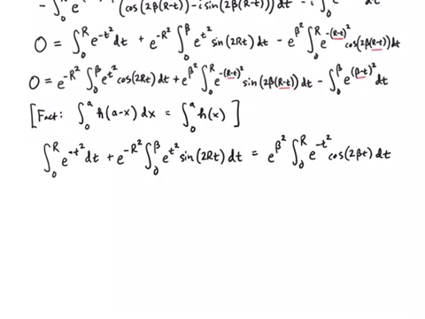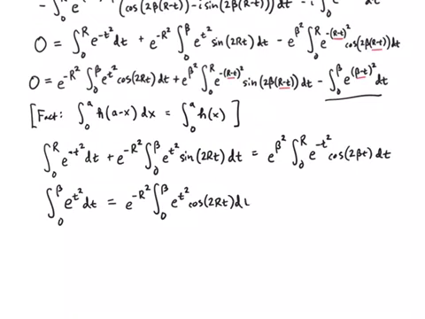And rearranging the second line, taking the last term with the minus to the other side and replacing beta minus t with t, we have integral 0 to beta e to the t squared dt equals e to the minus r squared integral 0 to beta e to the t squared cosine 2rt dt plus e to the beta squared integral from 0 to r of e to the minus t squared sine of 2 beta t dt.